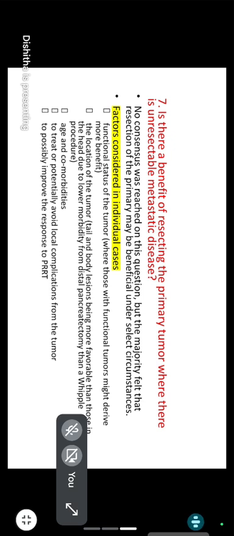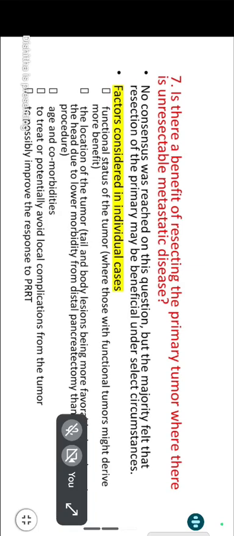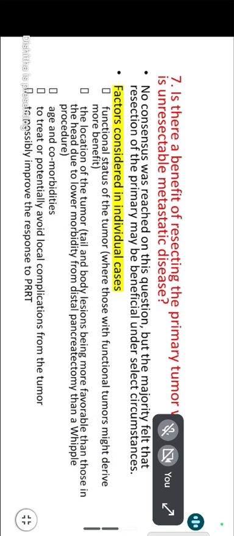Or if the location of the tumor is in the tail or body, the surgery is not as morbid as a Whipple's procedure. In those cases, we can resect the primary. If a patient is elderly or has multiple comorbidities, so the risk of the surgery is more, then there's no point doing the surgery. And when we reduce the tumor bulk, the possibility to improve the response to PRRT also increases.